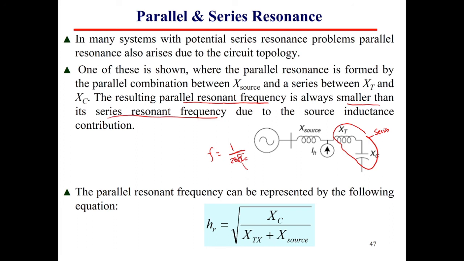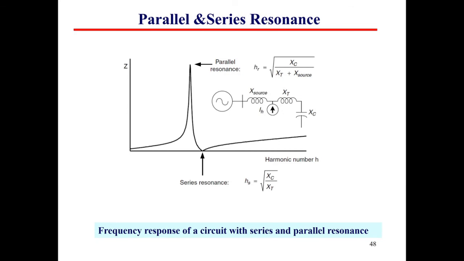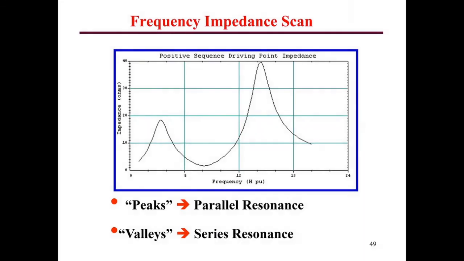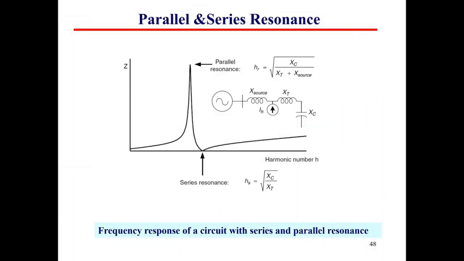Okay, and this is the harmonic order for the parallel resonance. So we have XC, and then those two will be connected, and we can draw the frequency response for the circuit as shown over here. So over there, that will be the series resonance.